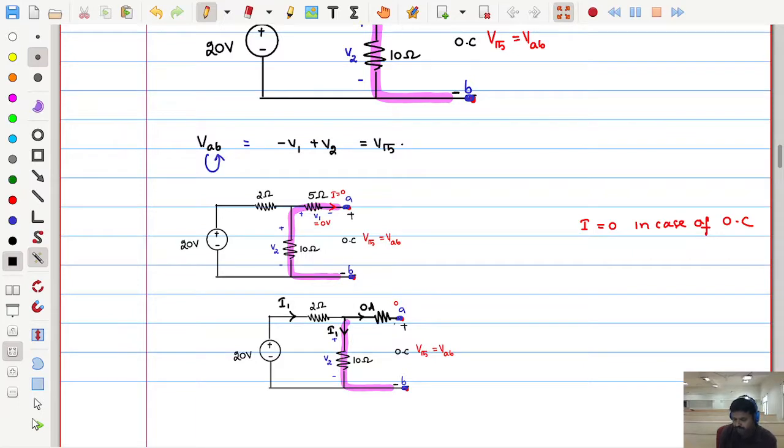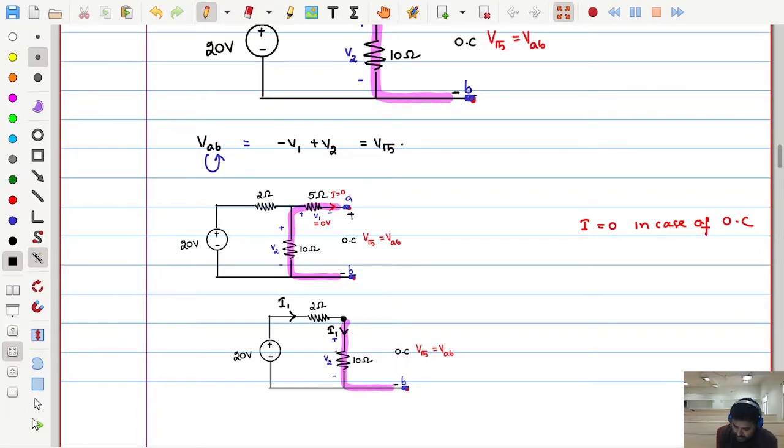Why? It got open. That means, try to observe, the 2 ohms and 10 ohms have the same amount of current. So even though this element is connected over here, it is equivalent to say that even if it is disconnected, there is no change in our circuit performance. That means these two are connected in series.